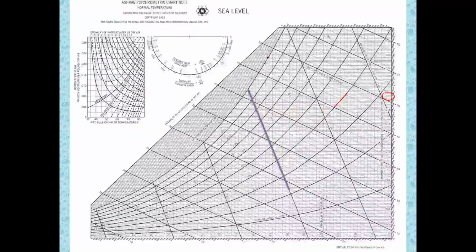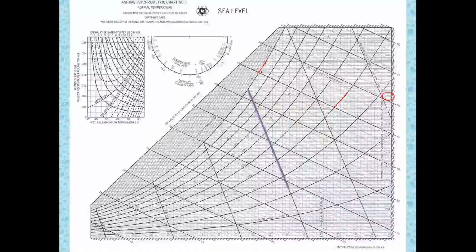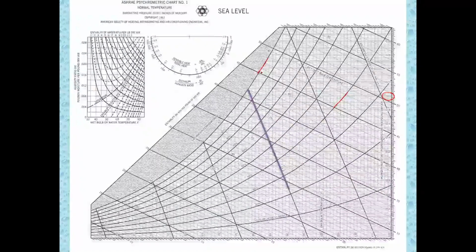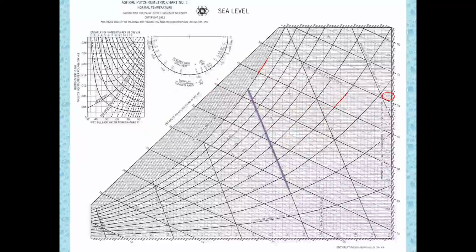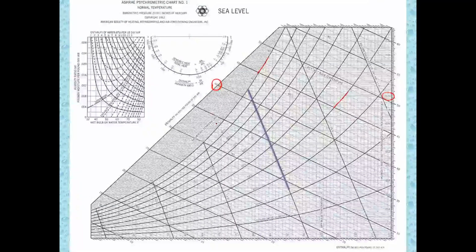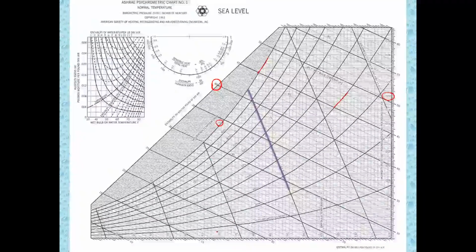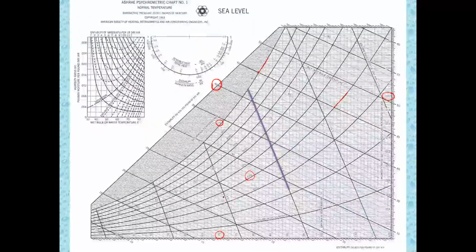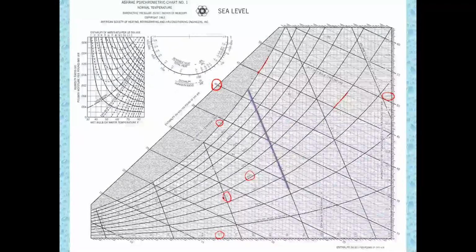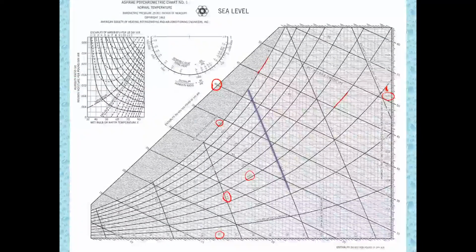And also this line here is the 100% relative humidity line or the saturated air line. So you read enthalpies here, wet bulb values here. This is dry bulb, relative humidity, specific volume, and omega.